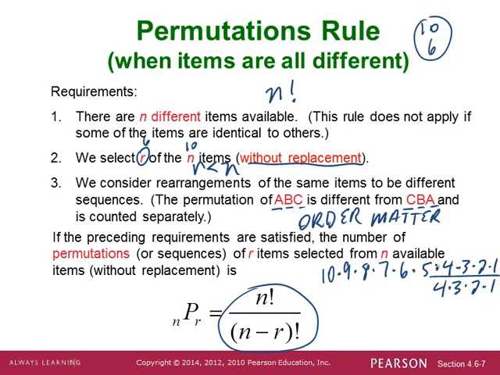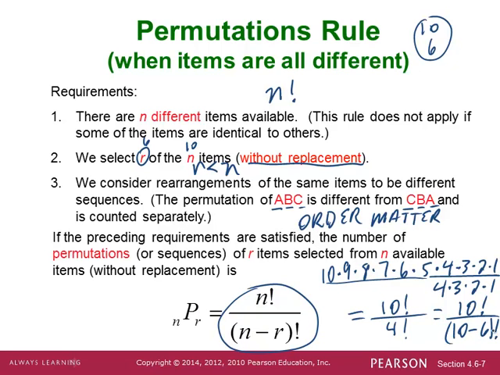So when we do that, you notice that we've just multiplied by 1, which doesn't change the value, but how this appears now in the numerator of this fraction is 10 factorial, divided by 4 factorial. But 4 is equal to 10 minus 6. So you have 10 factorial divided by 10 minus 6 factorial.